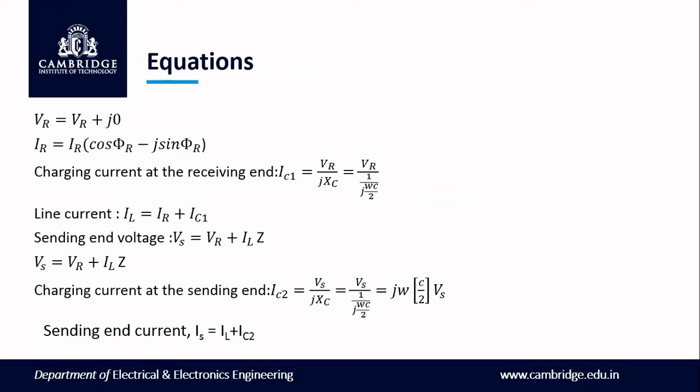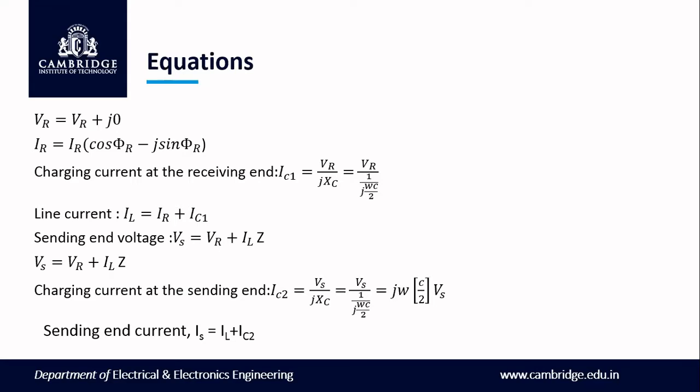Next, the charging current at the receiving end IC1 is equal to VR divided by J XC. So J XC is nothing but omega C. Since we have half the capacitor, it is taken as omega C by 2. Next, we know that the line current IL is equal to IR plus IC1.